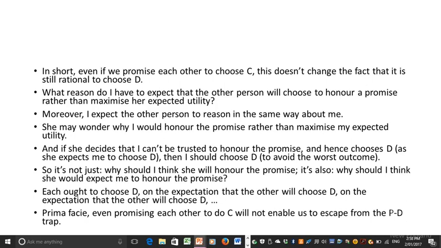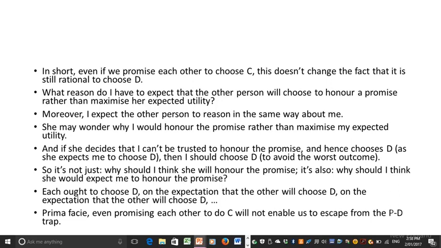If I'm a utility maximizer, what reason do I have to expect that the other person will choose to honour a promise rather than maximise her expected utility? Okay. And what reason do I have to expect that they will expect me to honour the promise?